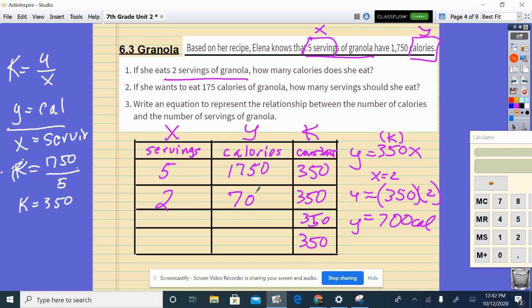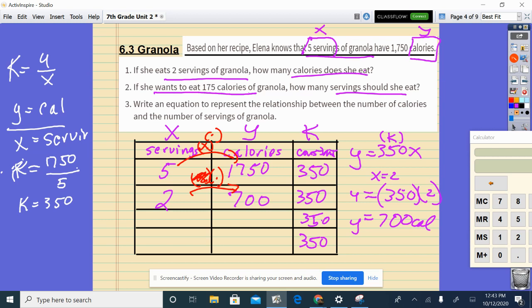Notice when we're going from X to Y, we multiply. And that dot stands for multiplication, not for X now. That's why when we get into 7th grade math, we tend to use that multiplication symbol, because we start using variables. So in 2 servings, there would be 700 calories.